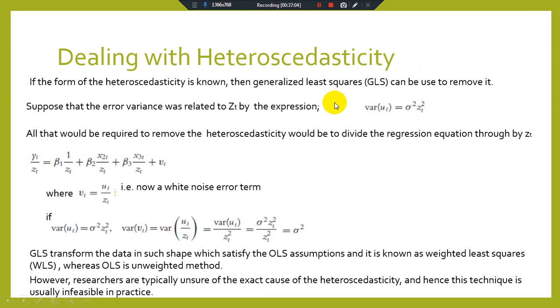I have found many students that without fulfilling the assumption of GLS, they apply the GLS. So keep it in mind, when you are very well aware what type of heteroscedasticity exists in your data, then you can apply GLS. Otherwise, you cannot technically apply the GLS.